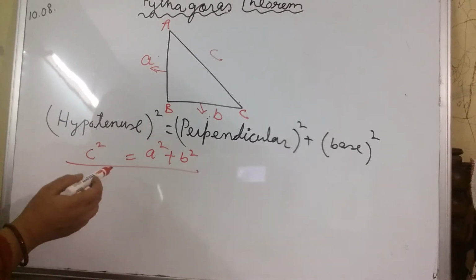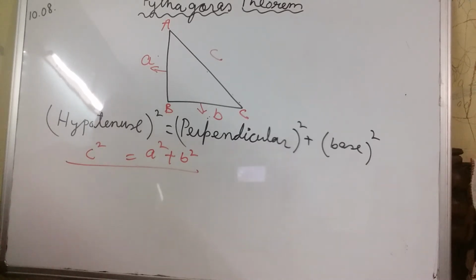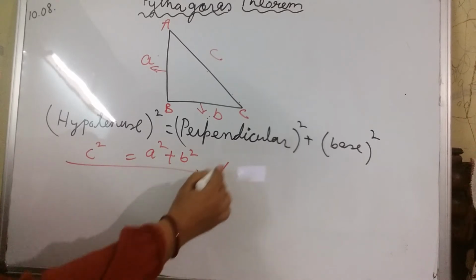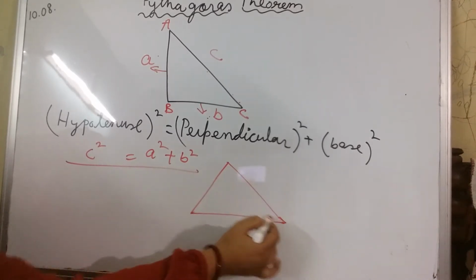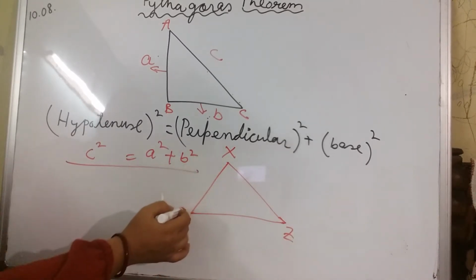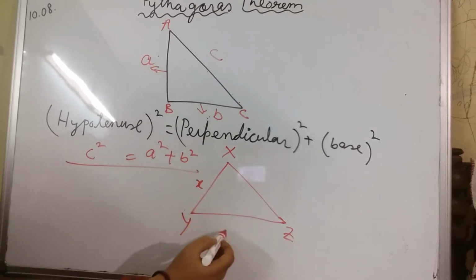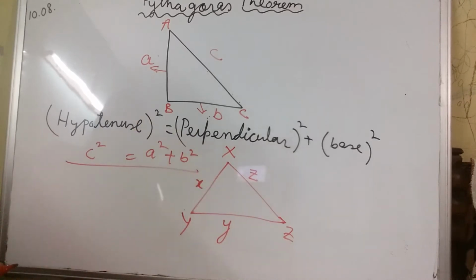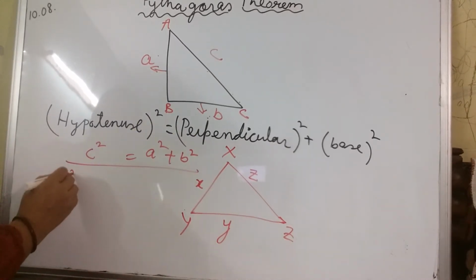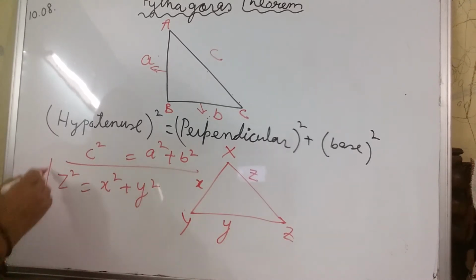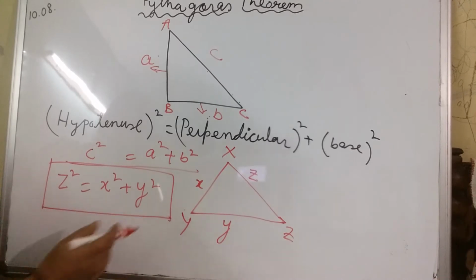Now if it is told that in a triangle, the square of one side equals the sum of the squares of the other two sides. Say there is a triangle X, Y, Z, and its XY equals X, YZ equals Y and XZ equals Z. If it is given that Z square equals X square plus Y square, it is not told whether it's a right angle triangle or not.